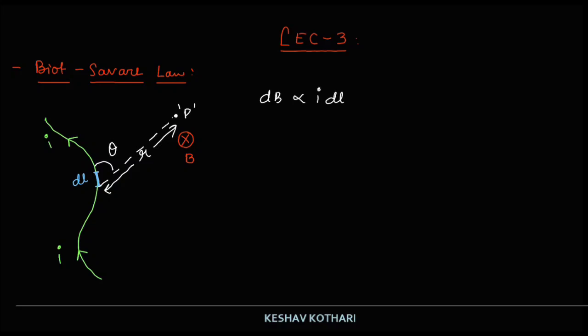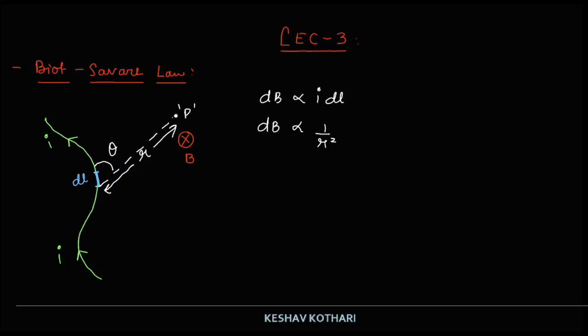So it is proportional to both current and length element, which we can call in a combined way as current element. It is regarded as the current and the length vector of the current element, and it is inversely proportional to the square of the distance from the current element.